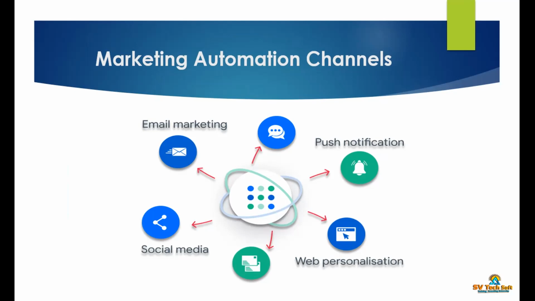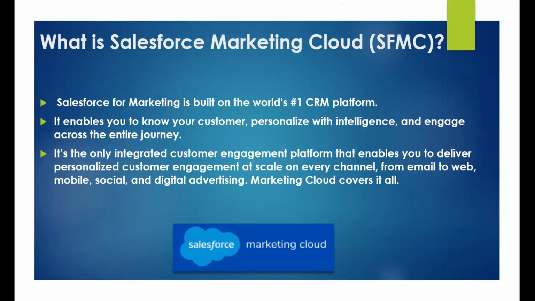Or if you want to reach a customer via website, you can do web personalization. With the help of marketing automation, you have all the channels enabled with you, which you can use to reach the customers automatically.